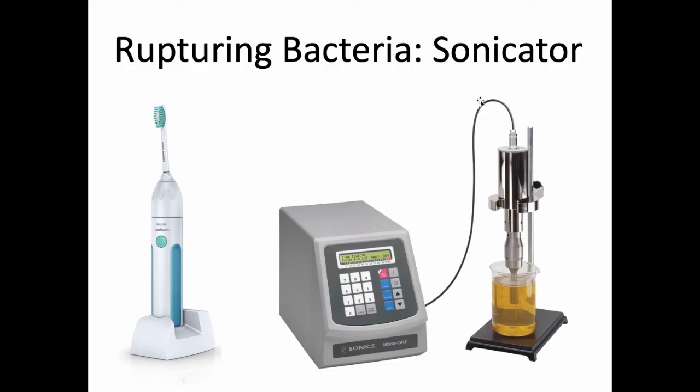They operate on pretty much the same principle. This toothbrush is going to vibrate with enough force to move off bits of food and stuff from your teeth. This sonicator is going to vibrate so intensely that the physical movement of this metal tip is enough to break open those bacterial cells. You won't be able to see this moving.